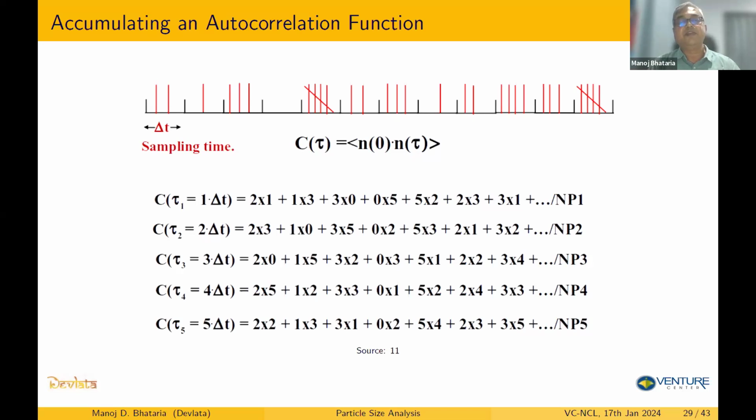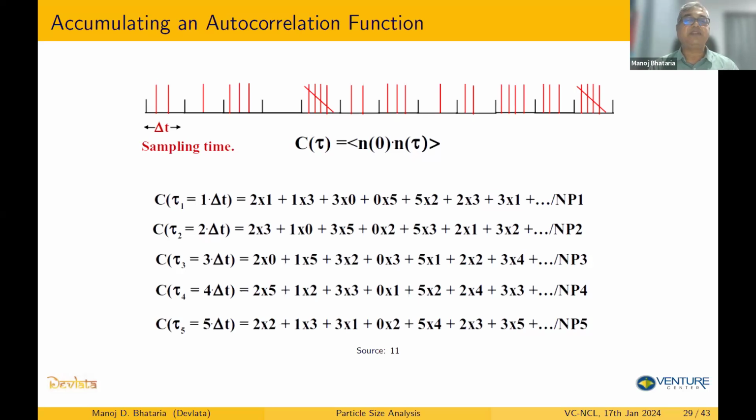Then the next interval you have none, then you have 5 and so forth. So this is how the intensity is there. In a static light scattering setup, you will just sum the photons for a given time period and calculate the average. That is static light scattering.